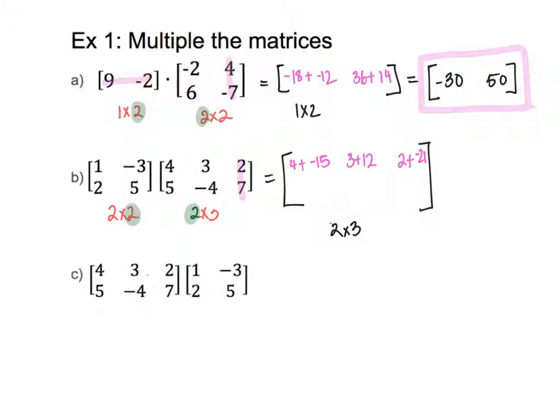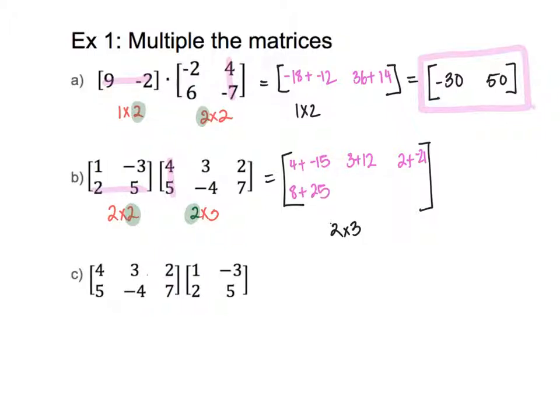So I'm going to erase this, and now I'm going to highlight my second row here. I'm going to erase this guy, and we're going to start out with the column. Okay, so now I'm going to do 2 times 4, which is 8, plus 2 times 5, which is 25.